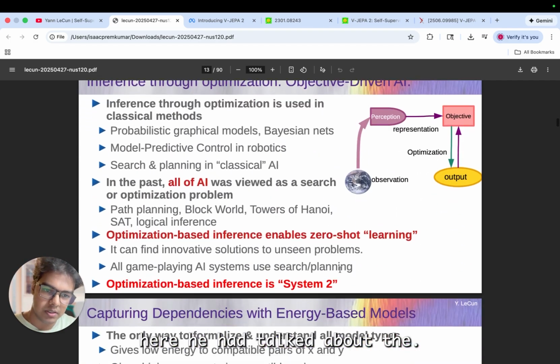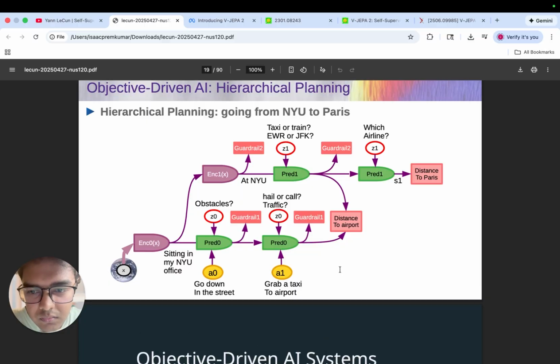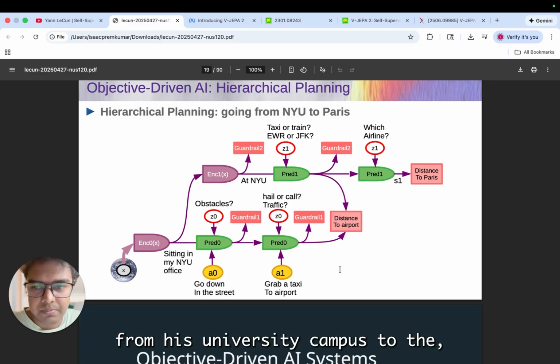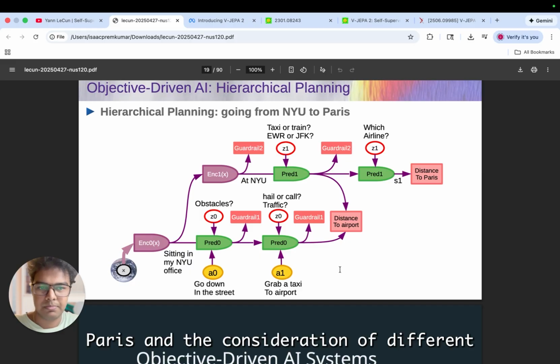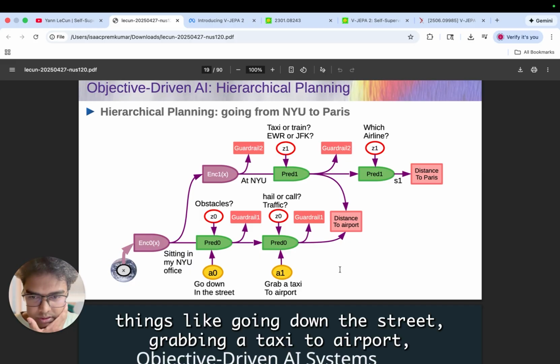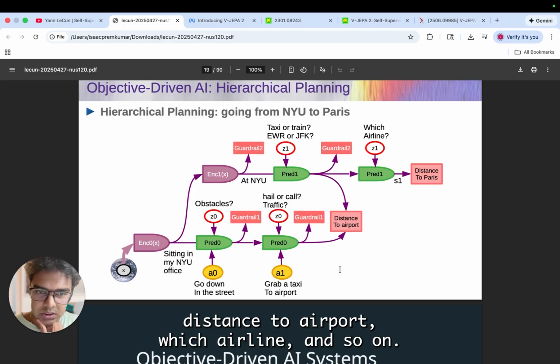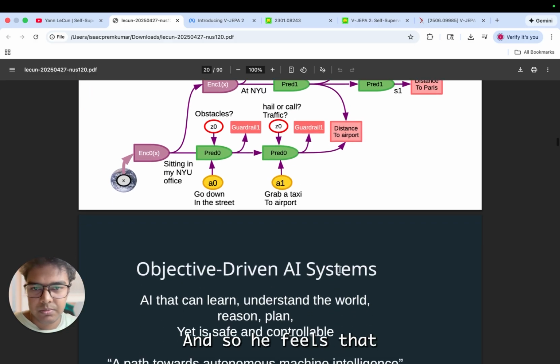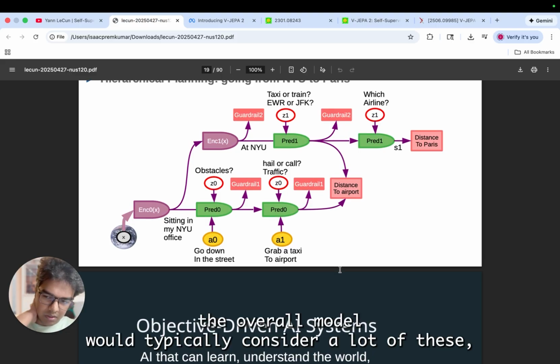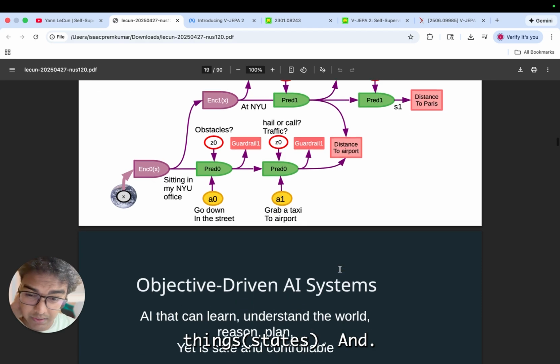So here's a task of moving from his university campus to Paris, and the consideration of different things like going down the street, grabbing a taxi to the airport, train or taxi, distance to the airport, which airline, and so on. And so he tells that a world model would typically consider a lot of these things.